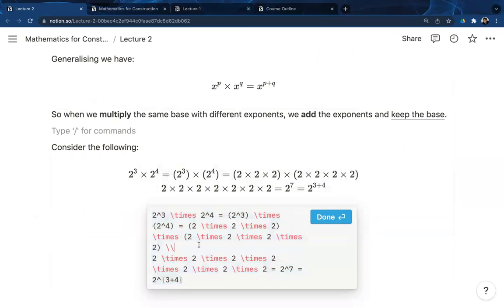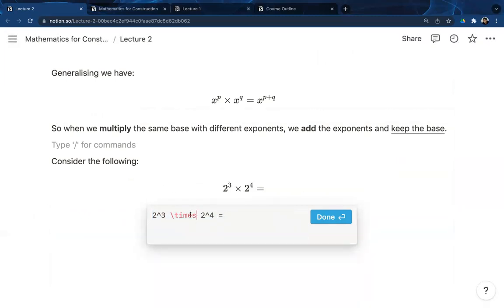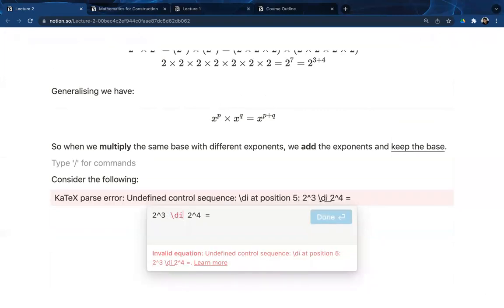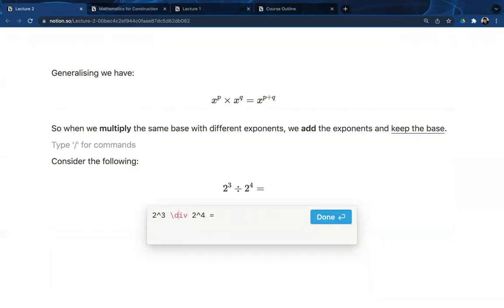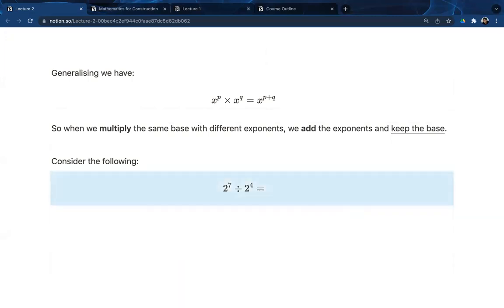Now consider the following. We have a different problem here. What if I have 2 to the power 7 divided by 2 to the power 4? What is this equal to? Okay. Well, let's expand it out.